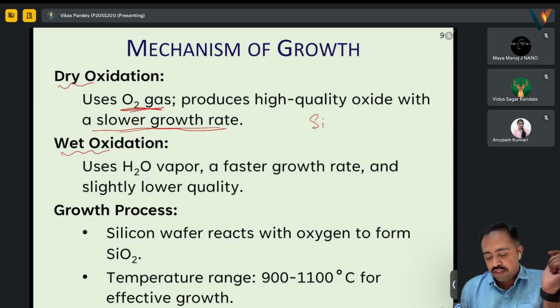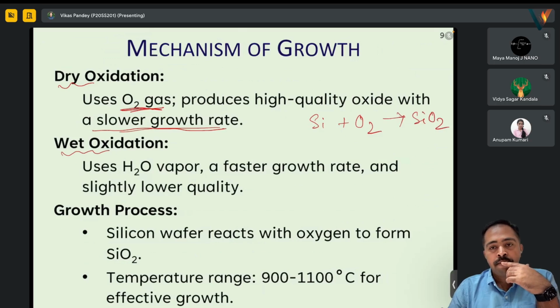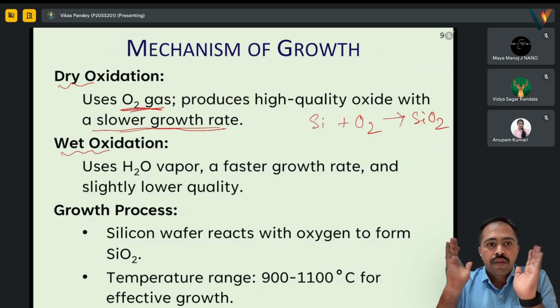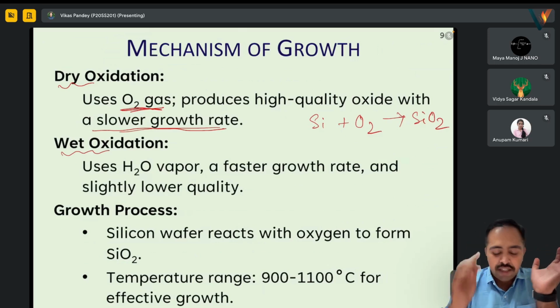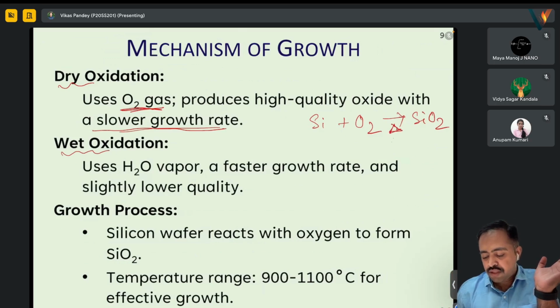So Si is there, O2, and then we get SiO2. Simple oxygen, but this process takes place at very high temperature. The temperature is generally in the range of 800 to 1000 degrees Celsius.